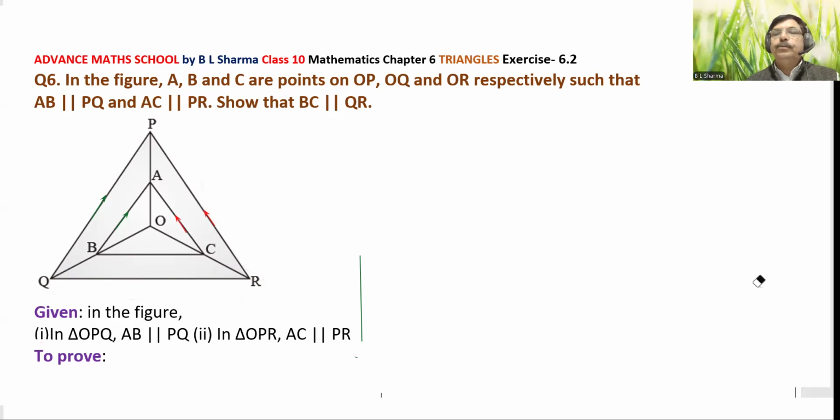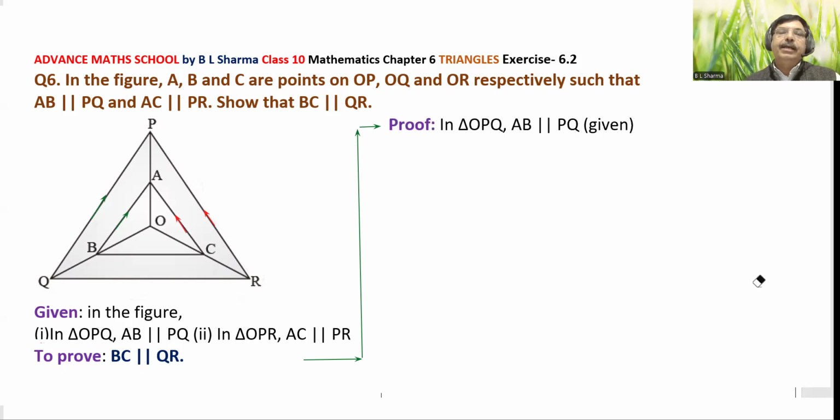Now, to prove BC is parallel to QR, see the proof. Triangle OPQ में AB is parallel to PQ, so by applying the basic proportionality theorem, we can say that OA upon AP will be equal to OB upon BQ.